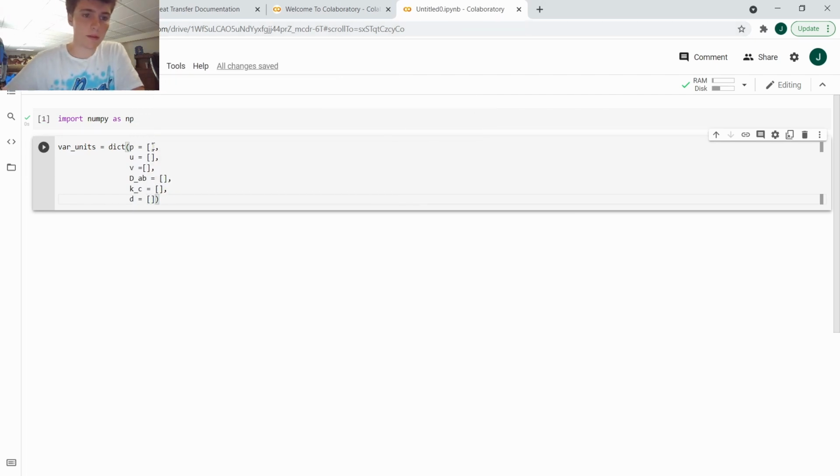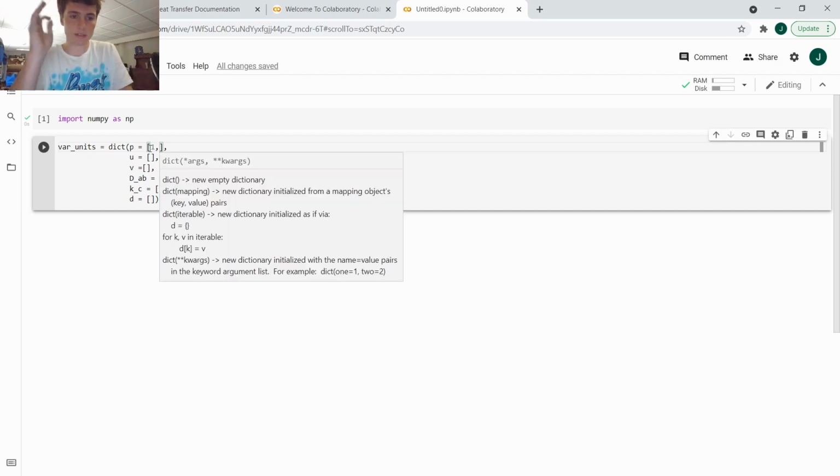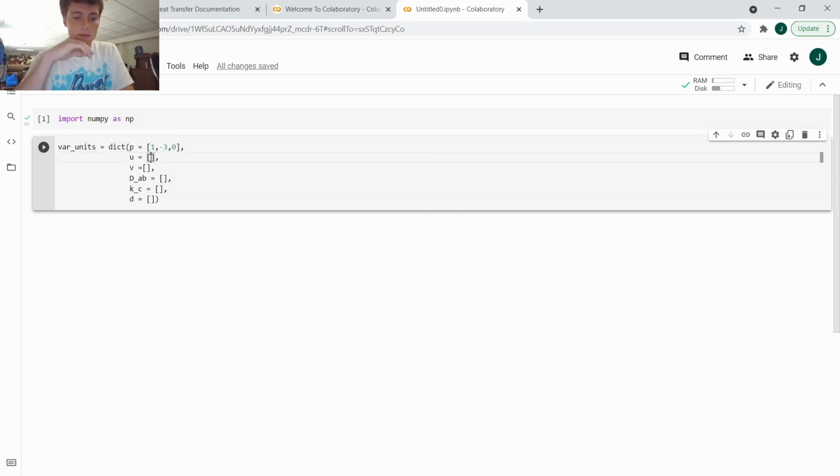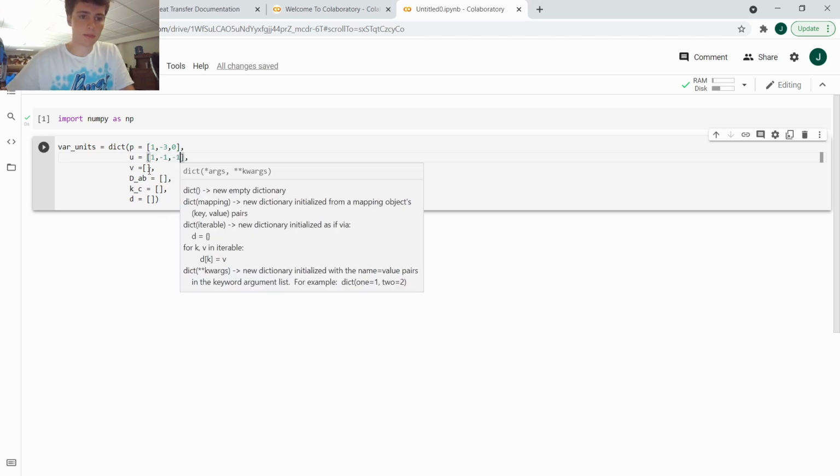So this is just a list of key value pairs. For density, it's going to give us a list where the first element is the exponent of kilograms in the units. So for this it's kilograms. The second position of the list is meters. So it's kilograms per meter cubed, and there are no seconds. Viscosity is kilograms per meter per second.